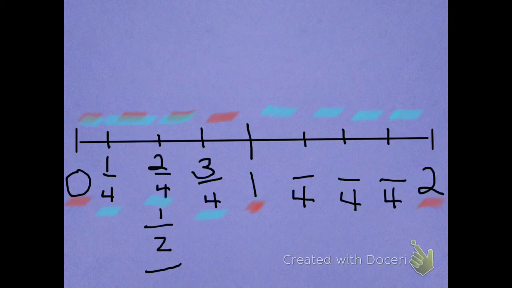So I would say that this number would be 1 and 1/4. I would say this number would be 1 and 2/4. And I would say that this number would be 1 and 3/4. And I could go on and on with any number on the number line. Any space between the numbers is room for fractions.